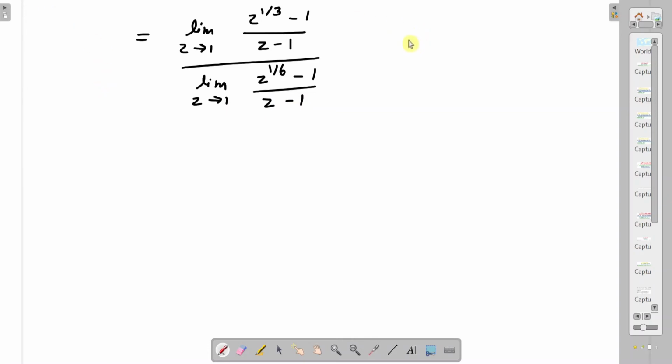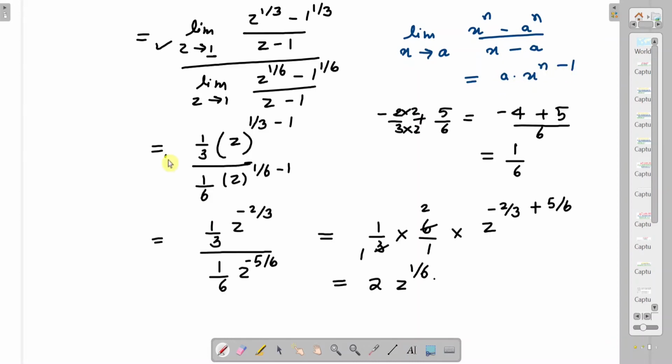Now here you can observe a formula, and that is this: limit x tends to a, x raised to n minus a raised to n divided by x minus a, and that is equal to a times x raised to n minus 1. Oh, I have written the formula wrong.